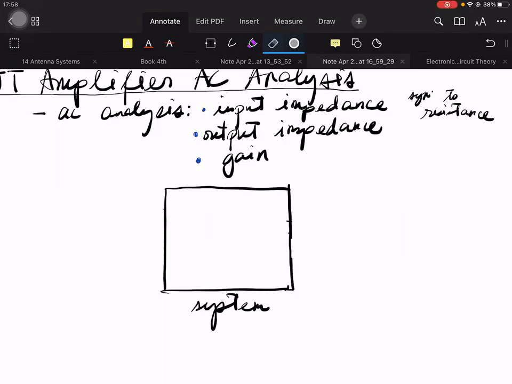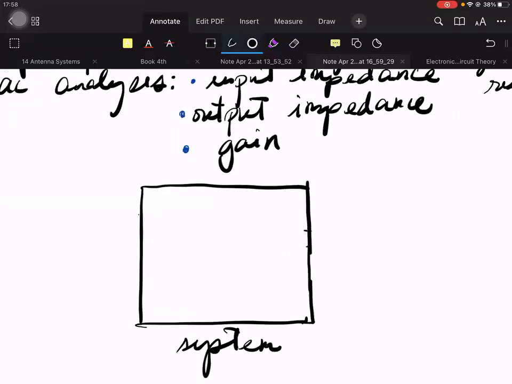So, back here. Where will we place our impedances and our gain? The gain is an inherent characteristic of our system.